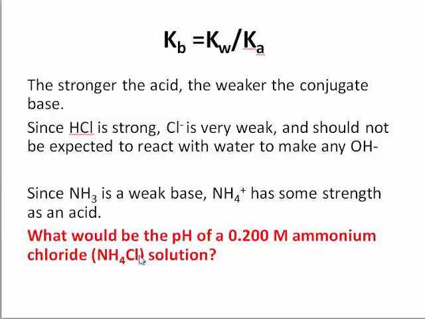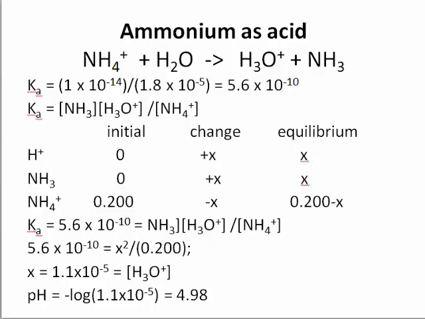Alright, the chloride is essentially a spectator, just like the potassium in the previous problem. So we are concerned with the concentration of ammonium acting like an acid. If ammonium acts like an acid in water, ammonium and water form hydronium and ammonia, the conjugate base of ammonium.